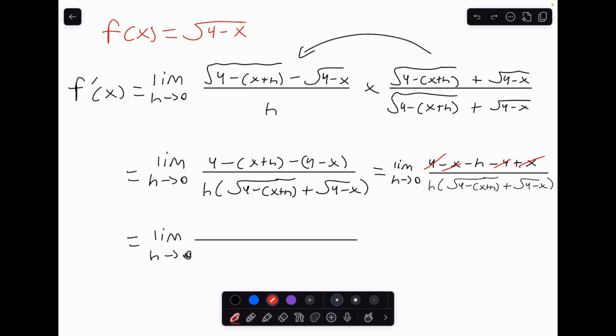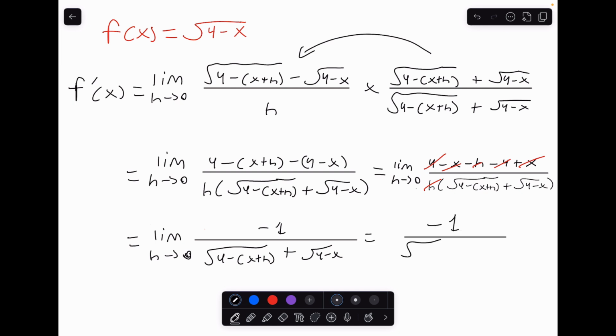But we're left with a negative 1, right? Because we still have that negative symbol there. So the numerator is negative 1, not positive 1. And the denominator is just the square root of 4 minus x plus h plus square root of 4 minus x. Let's compute the limit. So we're going to replace all the h's with 0.